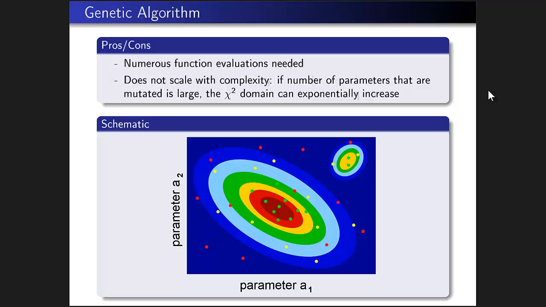So lots of numerical evaluations of the model function, and you can see how it can kind of boom. The mutation portion can actually cause you to expand your location of searching, and so it can expand your domain, and that could be a problem too.